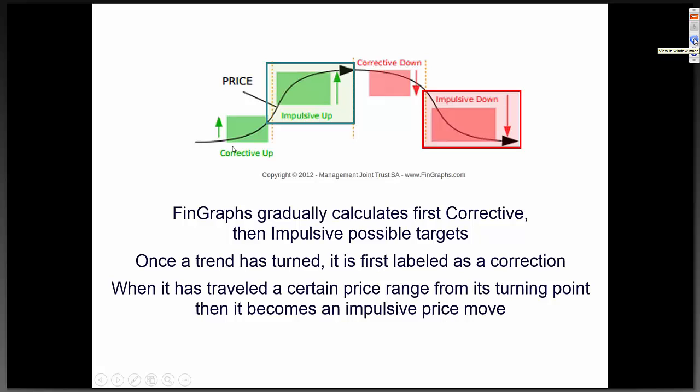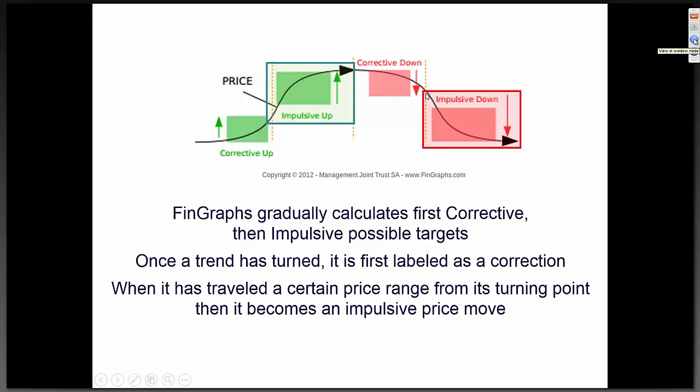So it moves up in the corrective territory, goes through a certain trigger point, and then turns impulsive. It moves down as a correction, triggers a certain trigger point, and then becomes impulsive.